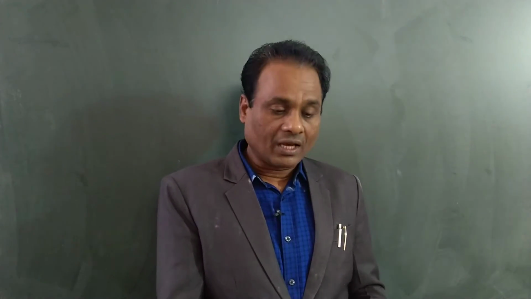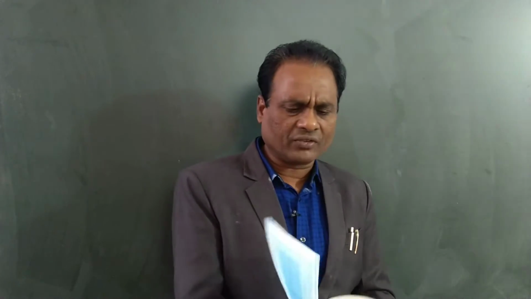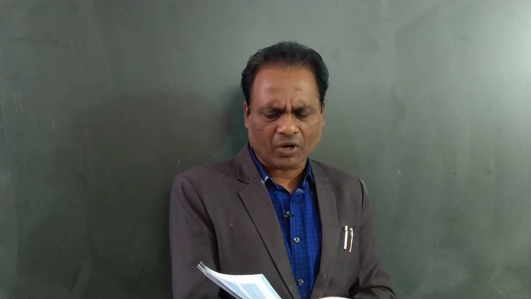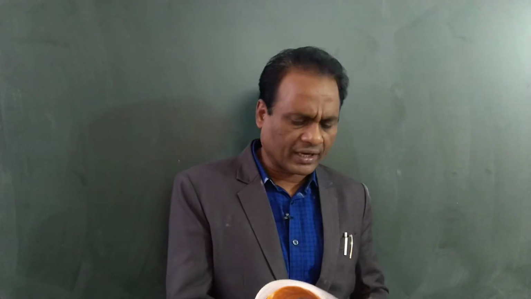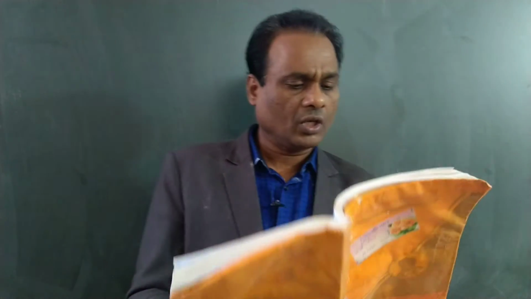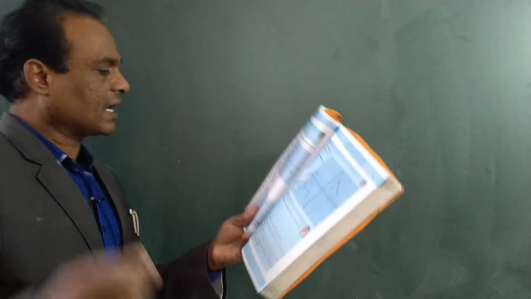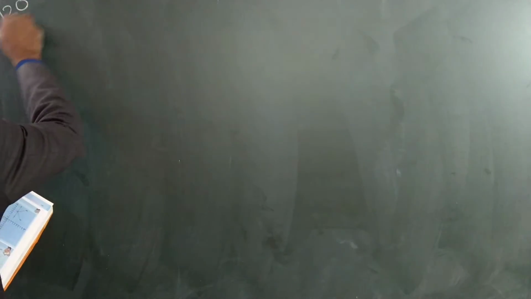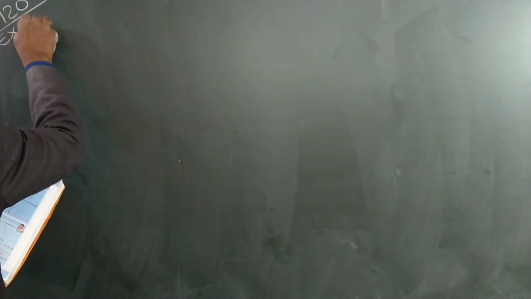Now I have seen all the examples, and they are not so important, they are completely theory examples only. One problem I am finding a little important, so that example I will tell. Students, write one example. This is page number 120, example 9.